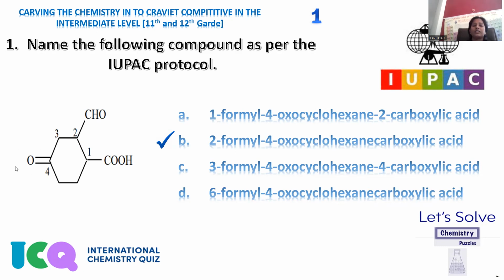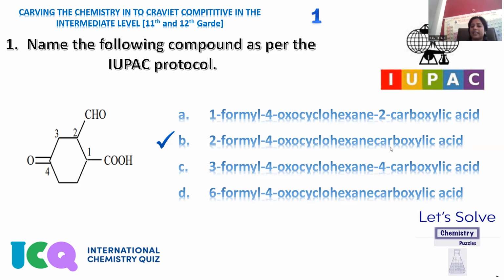If only ketone is there, it is taken as the suffix, but here ketone is present as a substituent, so we have to assign it as oxo, located on the 4th position. On the second position we have aldehyde, which is taken as formyl, and on the 4th position we have oxo, so we mention 2-formyl 4-oxo, and the rest will be cyclohexane.